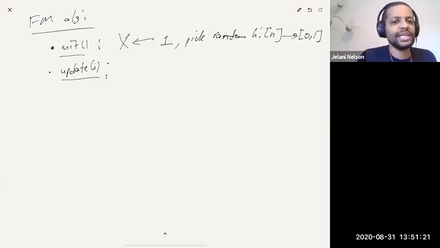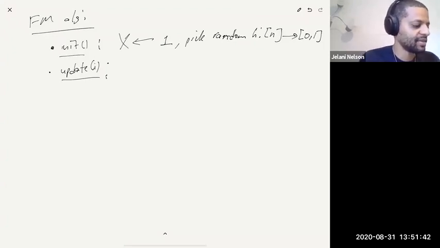Every time I see a packet sent, I look at the source IP, and that source IP is an integer I'm seeing in the stream, an integer between 0 and 2 to the 32 minus 1. Answering this count distinct question then tells me how many distinct IP addresses are sending traffic on this link. Just so you have one example to keep in mind. But this thing gets used all over the place.